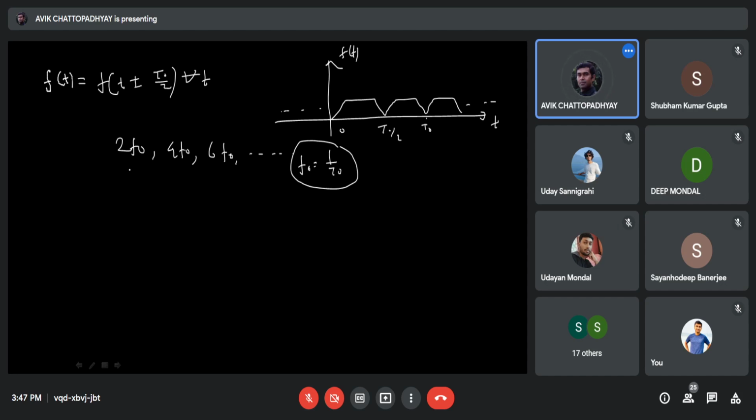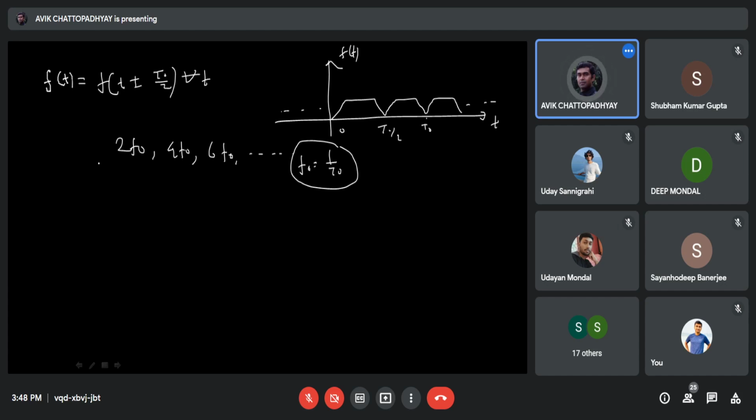And if you look at it very carefully, even the fundamental itself is absent. The fundamental frequency is f naught, and there are no terms related to f naught. So the fundamental is not present.